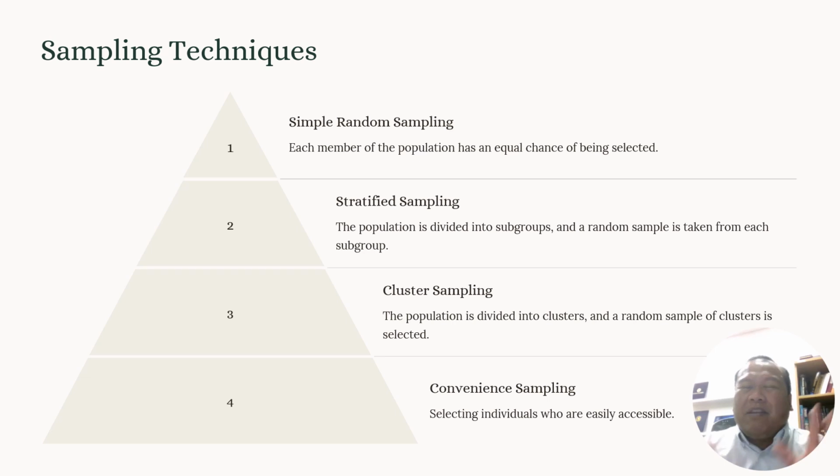That's convenience sampling. But of course, as I mentioned earlier, when you do sampling, there's always a margin of error because you did not get the response of everybody in the population. You're only getting a small group to represent that population. Now, with different sampling techniques, the margin of error can go higher or lower. For example, in random sampling, the margin of error can be lesser.